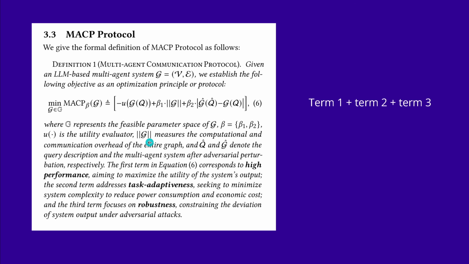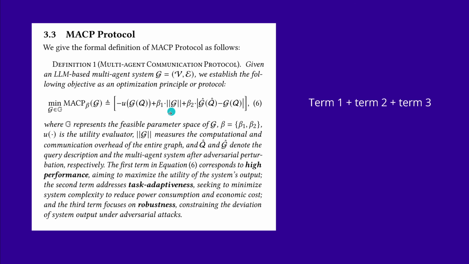Then here the norm of G of our graph measures now the computational and the communication overhead of the entire graph. This means, can I have a more simple graph structure and come up with a good solution, or do I need to increase here the complexity of my graph to arrive at a good solution?